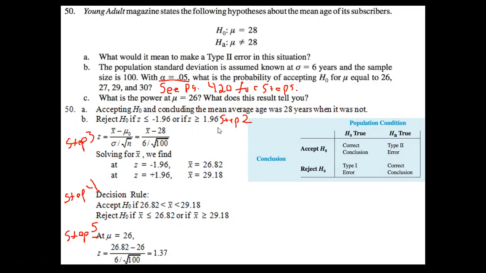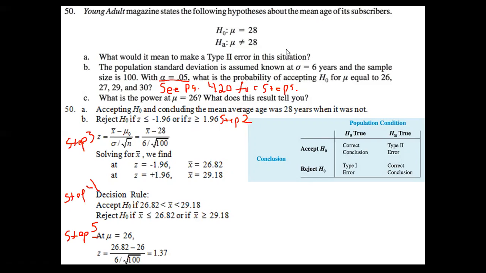Now we're going to be doing step 2 on that page 420. Step 2 says use the level of significance alpha and the critical value approach to determine the critical value and the rejection rule for the test. Since we're using 0.05, reject H0 if z is less than or equal to negative 1.96, or z is greater than 1.96.